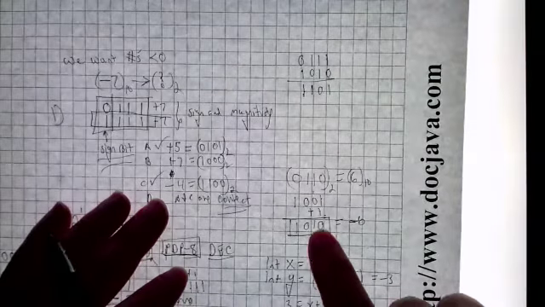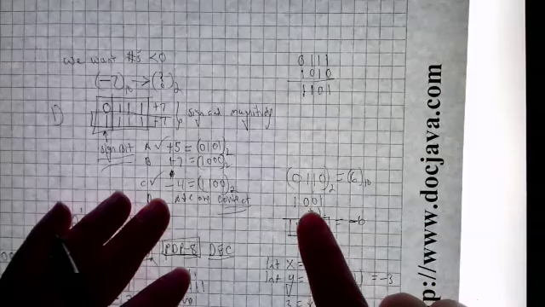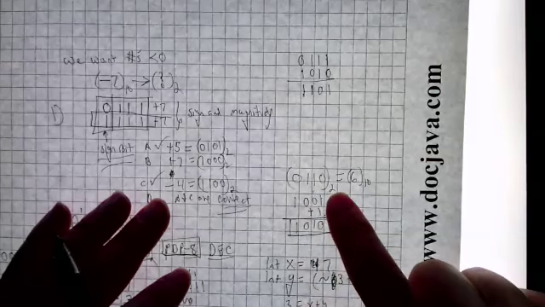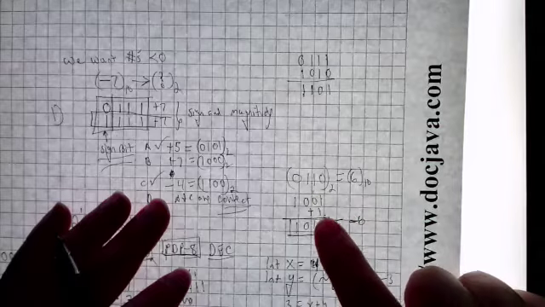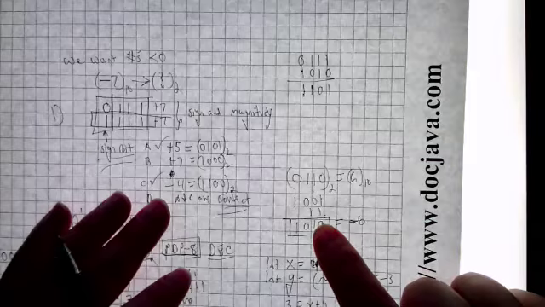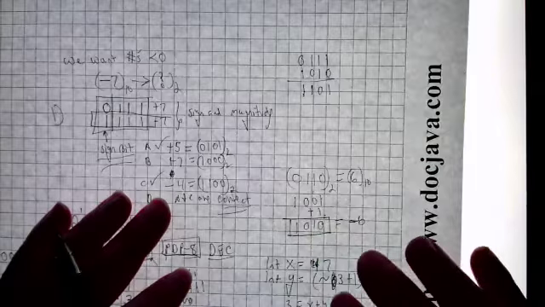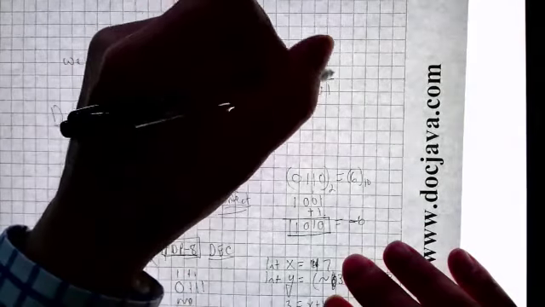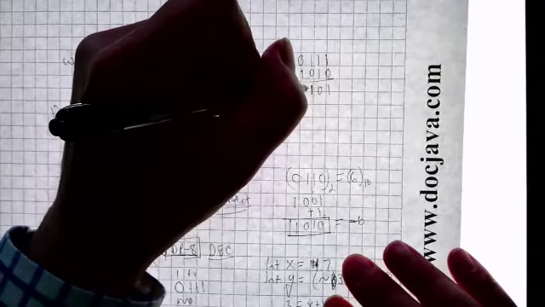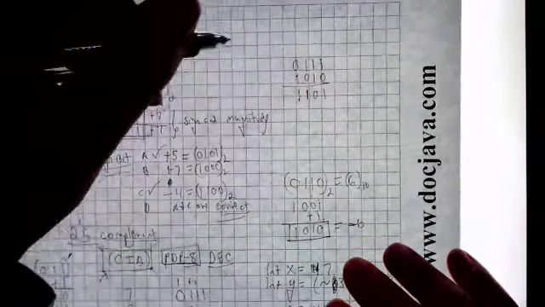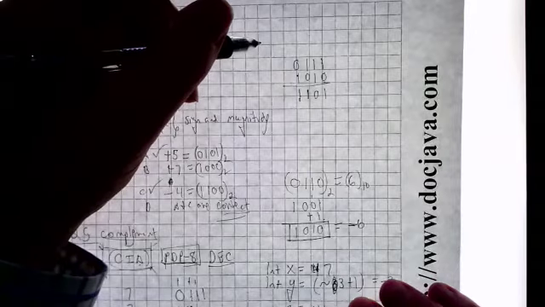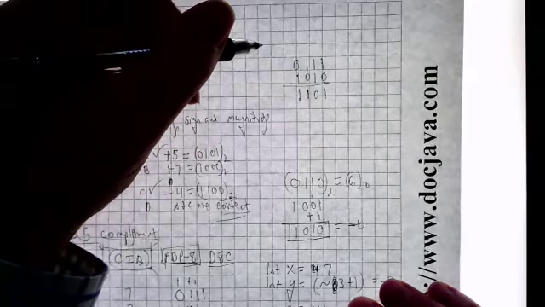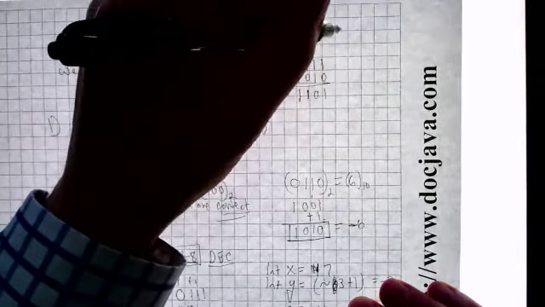Let's see. -6 should be 1, 0, 0, 1 plus 1. That's 1 plus 1 is equal to 0. Carry the 1. You got the 1 in here. It is correct. He was asking for the ones complement. And this is interesting. I was looking at this and I was going, that's weird. It says 7 minus 6. 7 minus 6 didn't work. Not quite sure why.